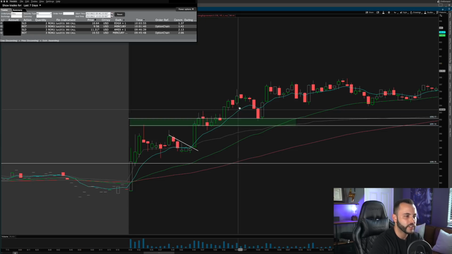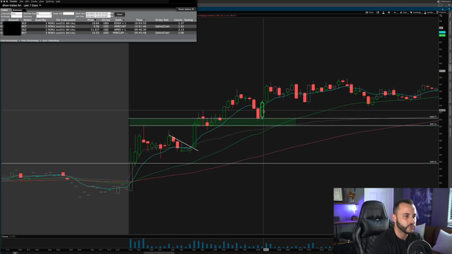We had a perfect pullback right here, a quick pullback, quick 2 minutes right to the downside, and a perfect support level right here at 392. This is the perfect example of a break and retest and an entry on that retest. And you can see I got in right here at 10:01, which is right on this candle.